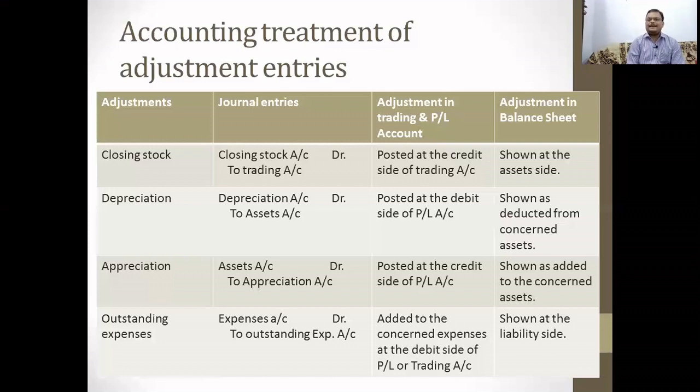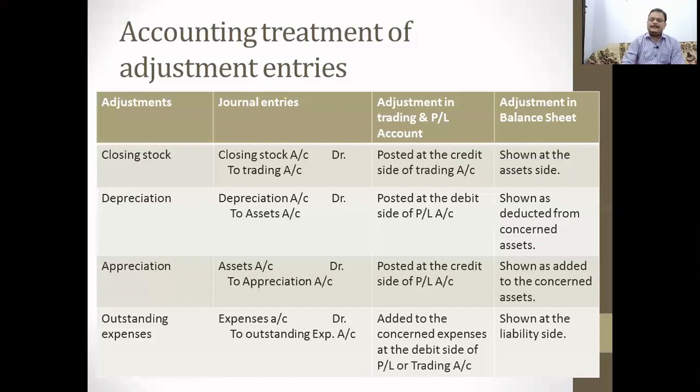Okay, like if there is a land whose price is 1 lakh rupees and an appreciation of 10% in a year is charged for that particular land, so the appreciation amount will be 10% of 1 lakh, that is 10,000. That particular 10,000 is shown first at the credit side of profit and loss account as appreciation of land.